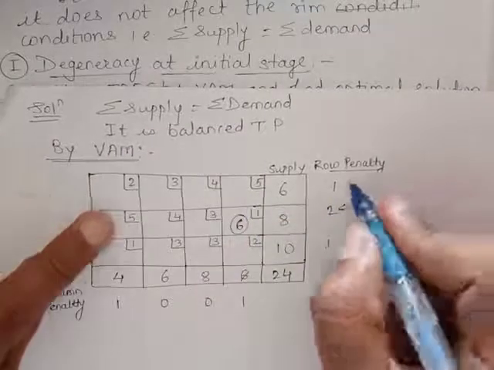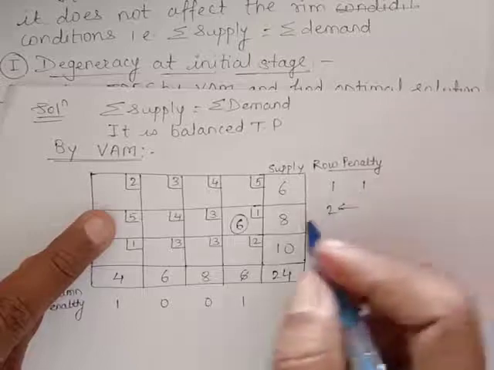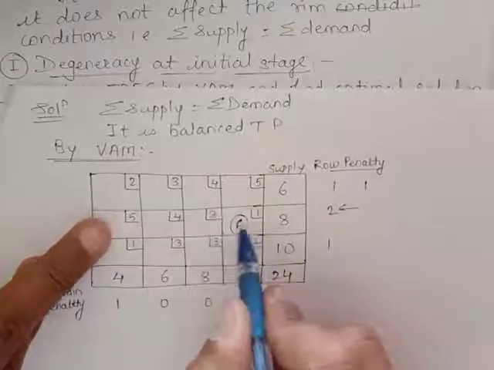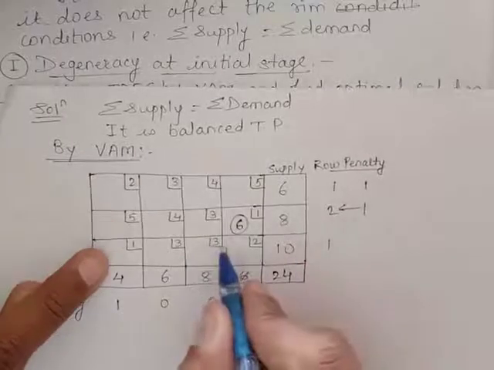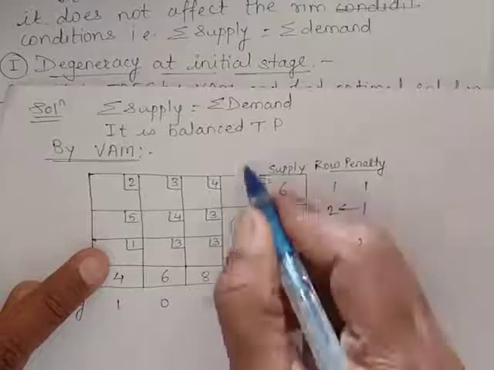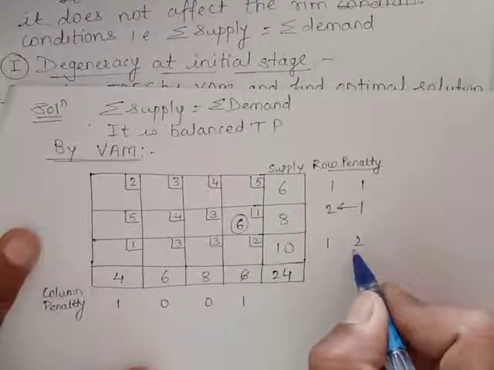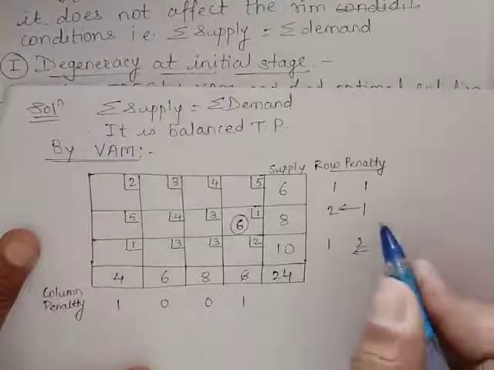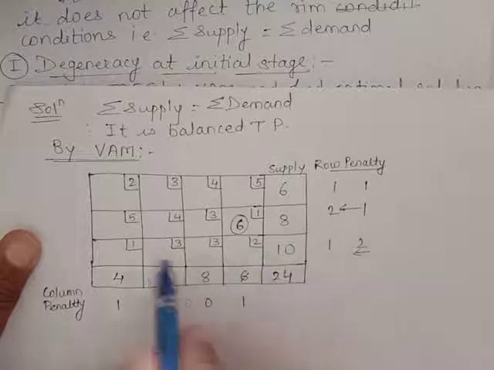Column constraint satisfied means our row penalties will change. Here the row penalty is now 1 and here the row penalty is now 2. This column is cancelled. Now again this 2 is maximum among the remaining penalties, so our next allocation is in this row.